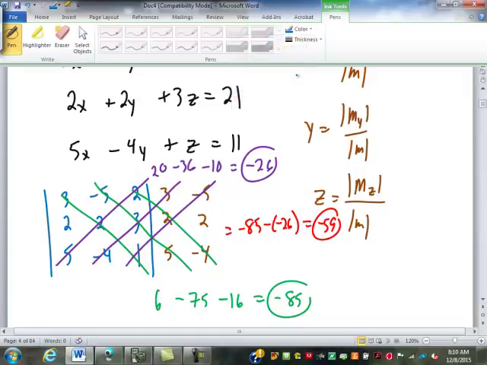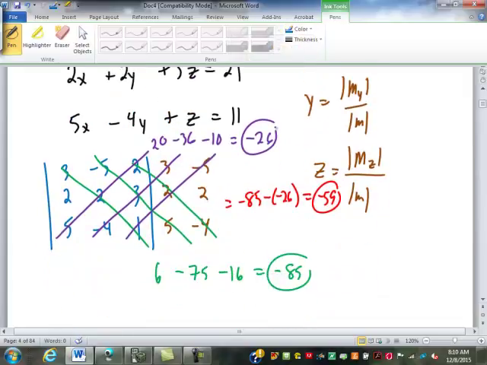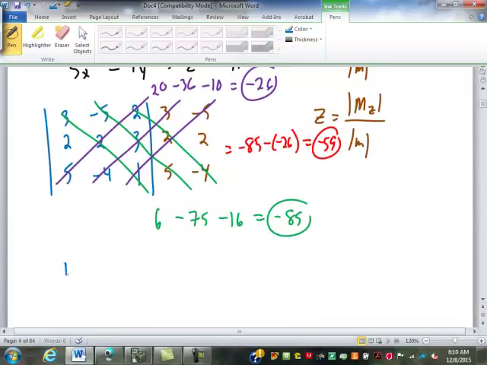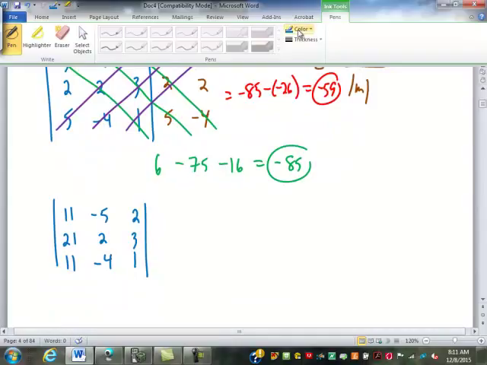Okay, now for the X matrix, put in the 11, the 21, and the 11 here. The X and the Y and the Z columns stay the same. So 11, 21, 11, negative 5, 2, negative 4.